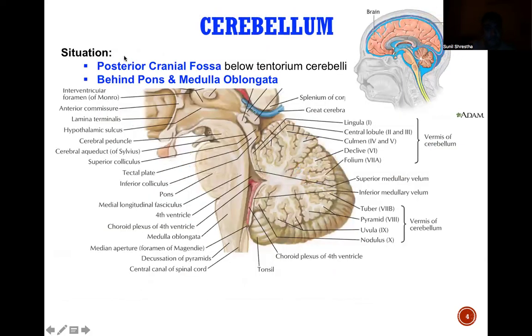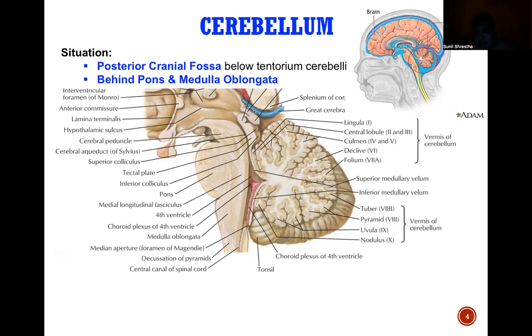It is situated in the posterior cranial fossa, just beneath the occipital lobe.